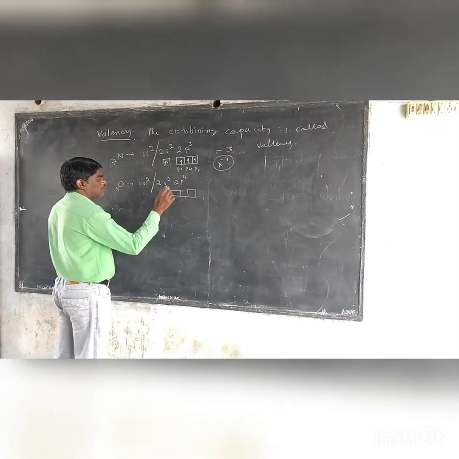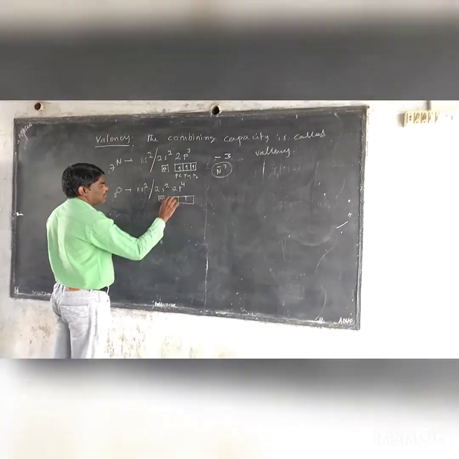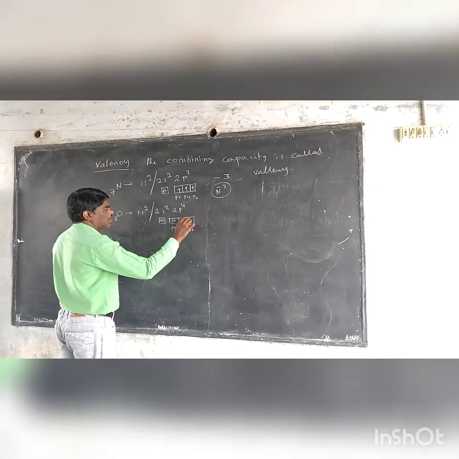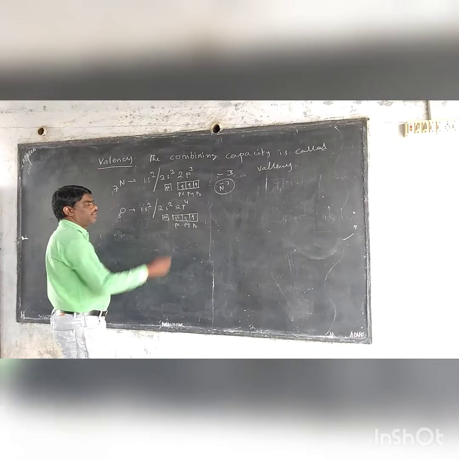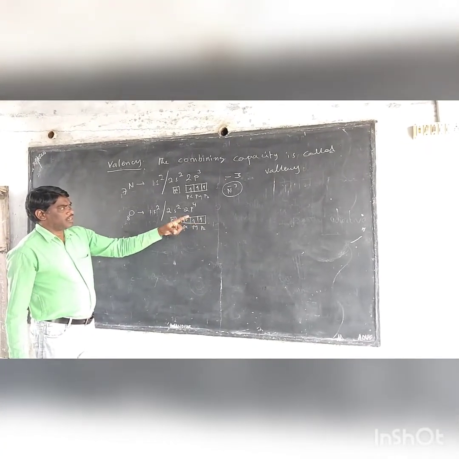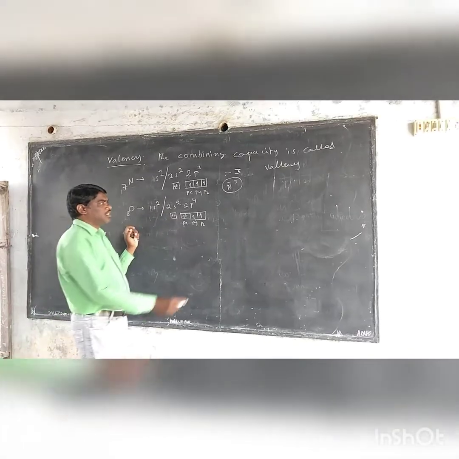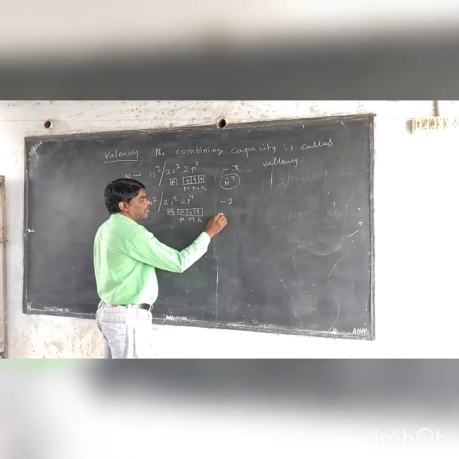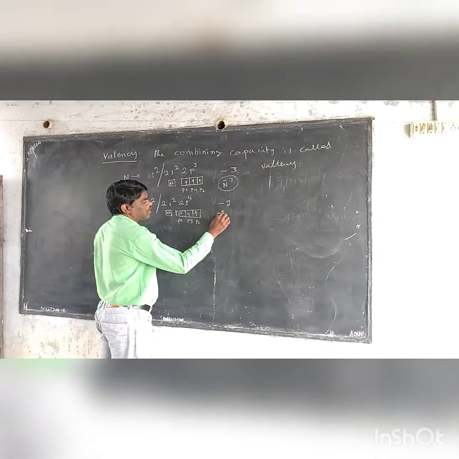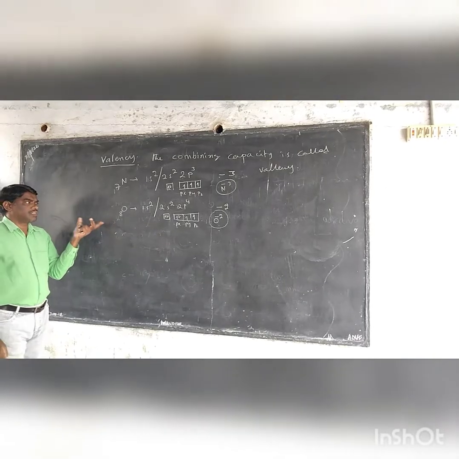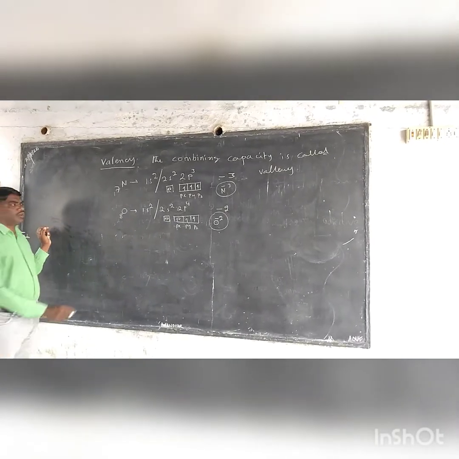The s orbital has 2 electrons, px orbital 2 electrons, py 1 electron and pz 1 electron. To fill up, oxygen needs 1 electron in py and 1 in pz, so it will be gaining 2 electrons. So the valency of oxygen is minus 2, and you can write O minus 2. O minus 2 means gaining 2 electrons. That is the only meaning for oxygen.